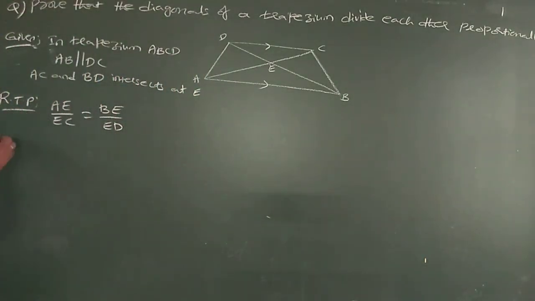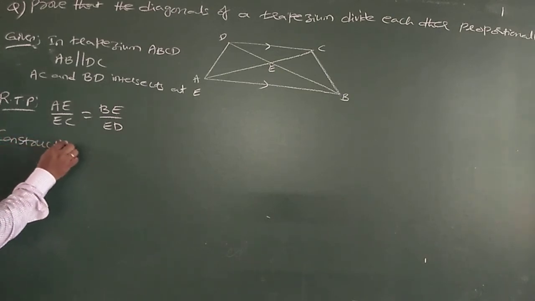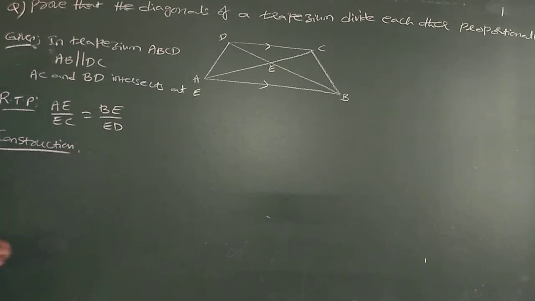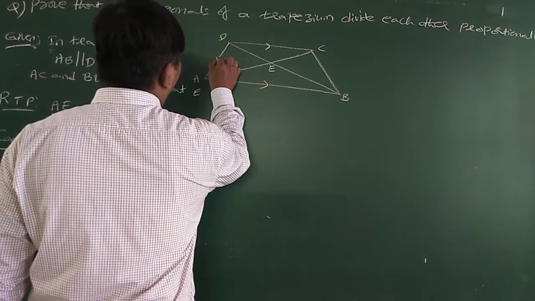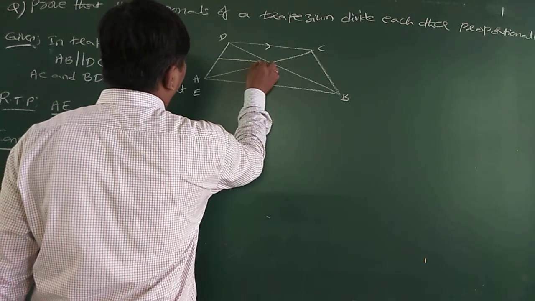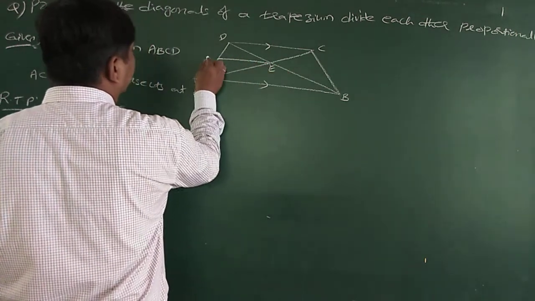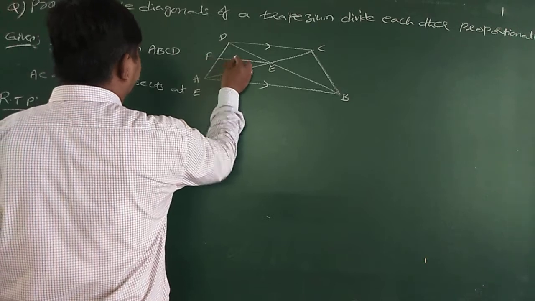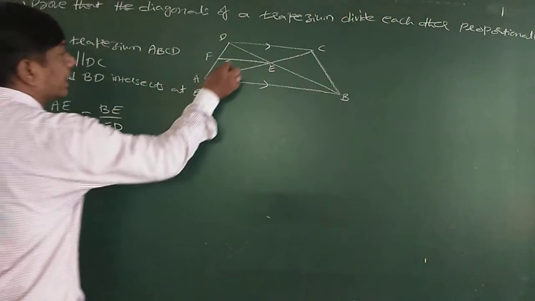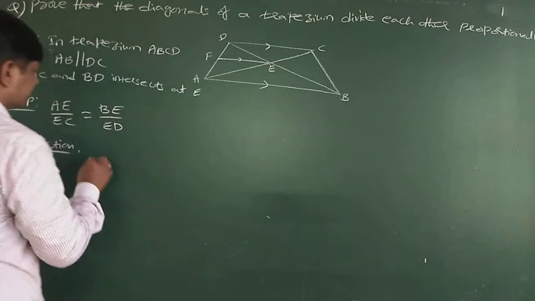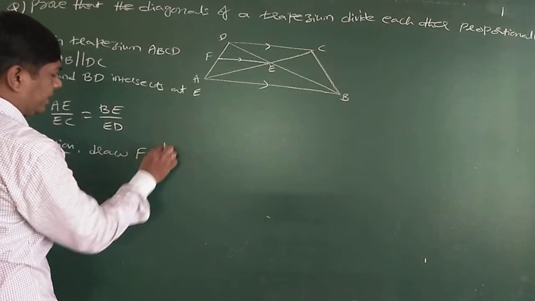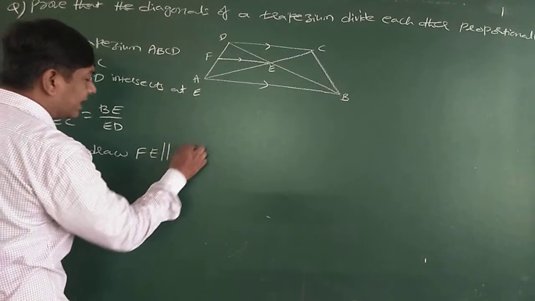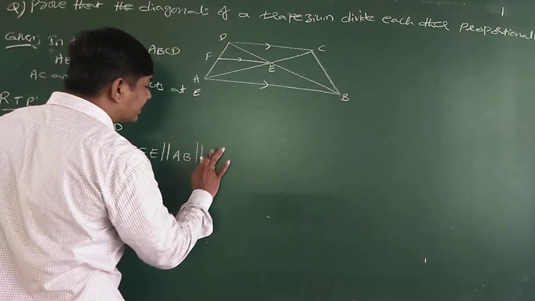See, now the construction. So a little bit of change I am taking here. Draw FE parallel to AB. Already AB is obviously parallel to DC.